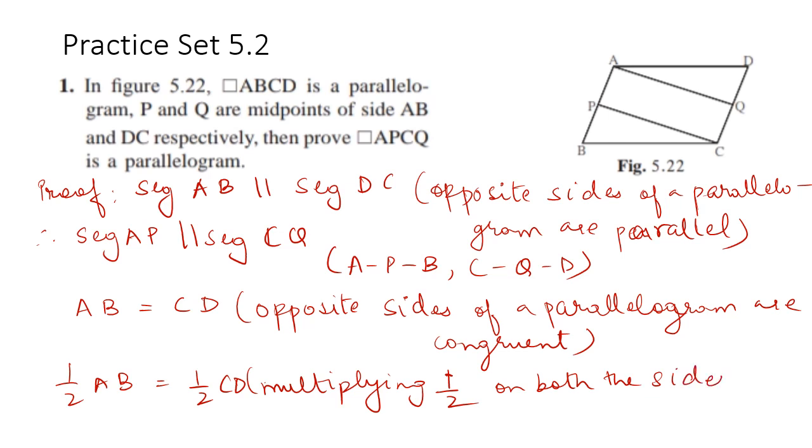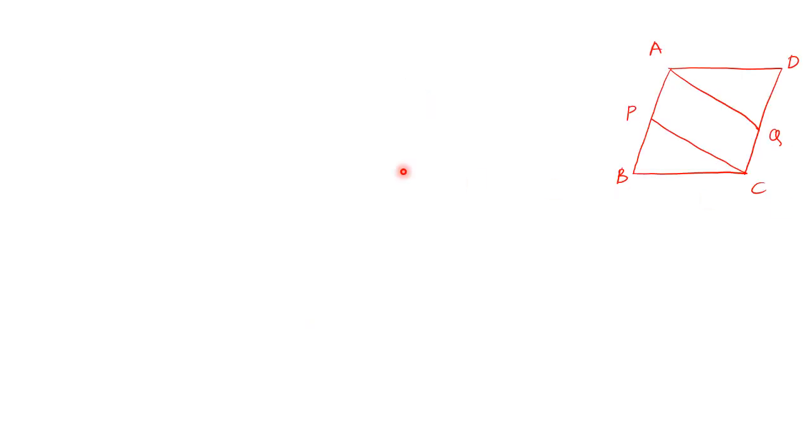When I say half of AB, we get AP. Similarly, half of CD means you get CQ, isn't it? So I'll write down here that half of AB is equal to AP and half of CD is equal to CQ.